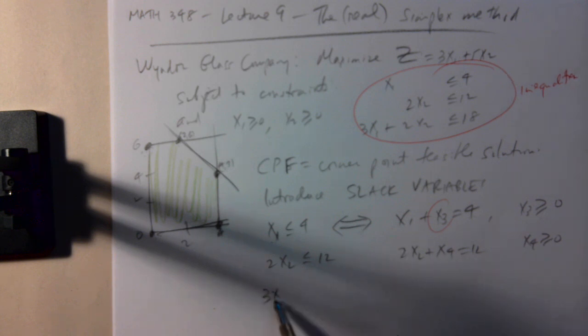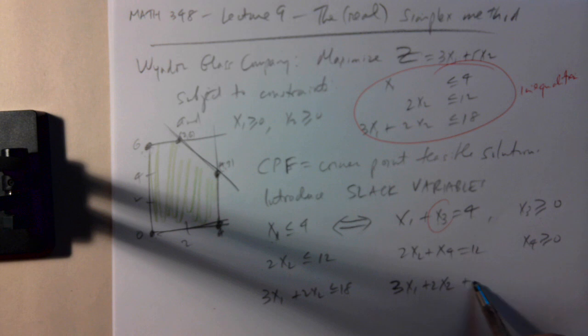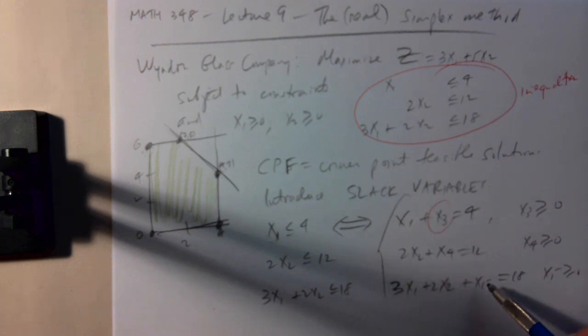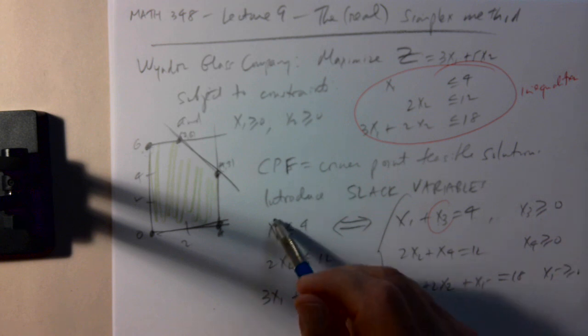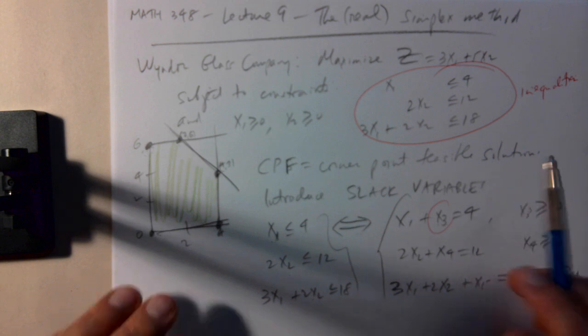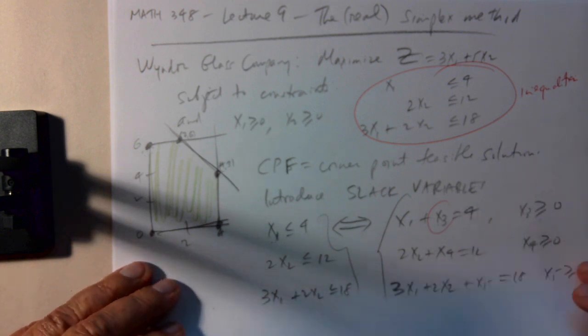For the inequality 3x1 plus 2x2 less than or equal to 18, we introduce a fifth variable, 3x1 plus 2x2 plus x5 equals 18, x5 greater than or equal to 0. So this set of three equations with these non-negativity conditions is equivalent to these three inequalities. So by introducing new variables, one variable for each inequality, we convert our inequalities to equations.